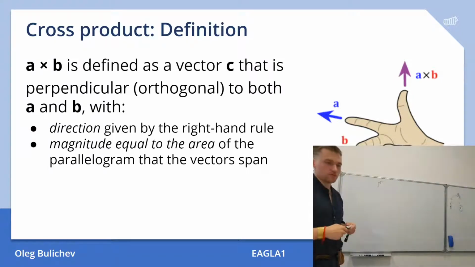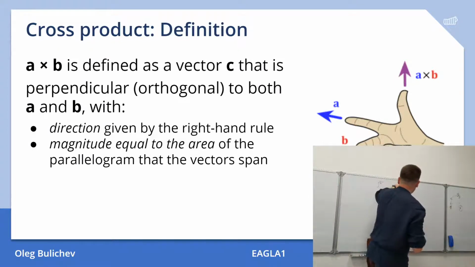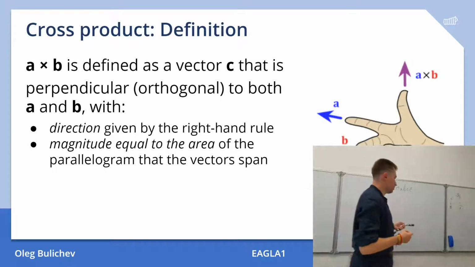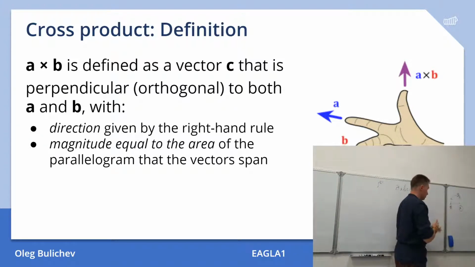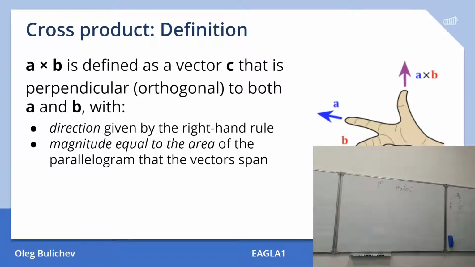In the end, we receive a vector. So the result of cross product is a vector, not a scalar value as in the dot product. So the direction of it will be this way. The norm, the length of it, will be the area of this parallelogram.